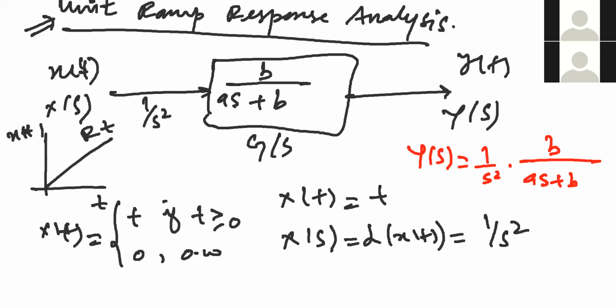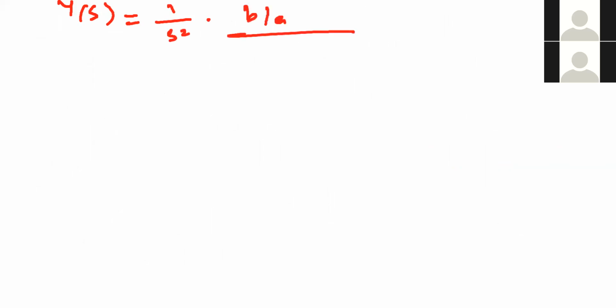Let us go to the next slide and explain this one. So we have y(s) equal to 1 over s square, and then, simplifying, (b by a) divided by (s plus b by a). Now we have a square in the denominator, and we are going to expand this by partial fractions.